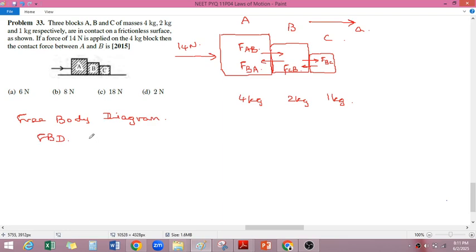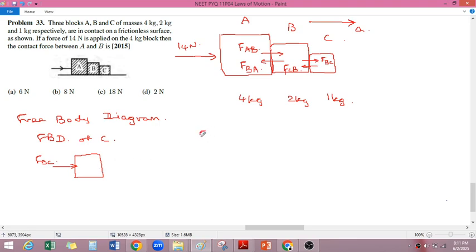So, free body diagram of C. Just to save time, for your benefit, I can draw it. The only force acting here is F of B to C. Sir, what about this F of C to B? Well, F of C to B is acting on B, not on C. So I should take only this one. There is no other force.